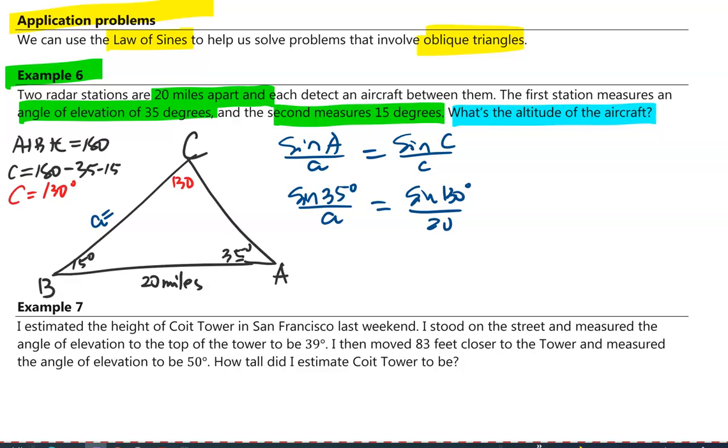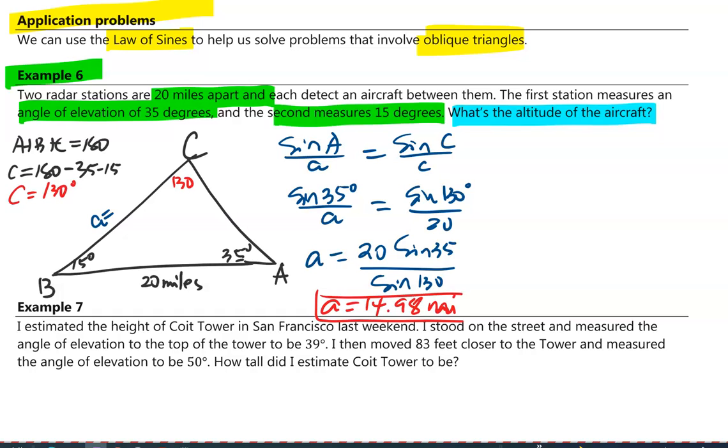And we isolate A, so that A is equal to 20 of sine 35 over sine 130. So that A is equal to 14.98 miles.